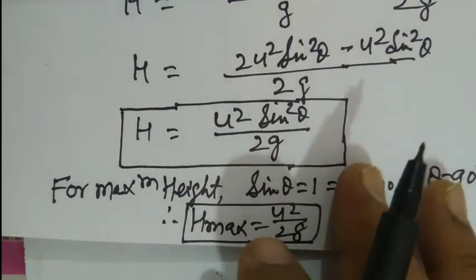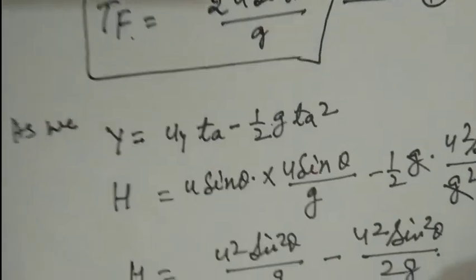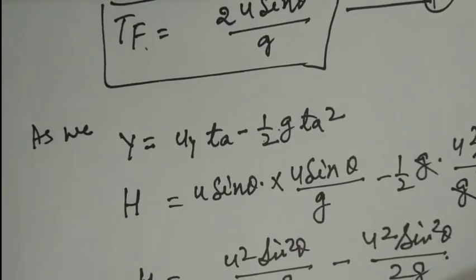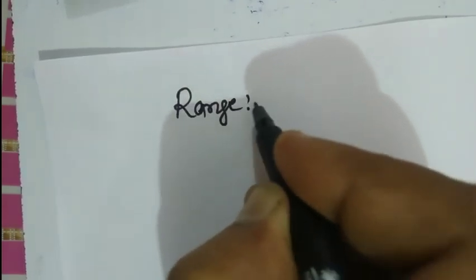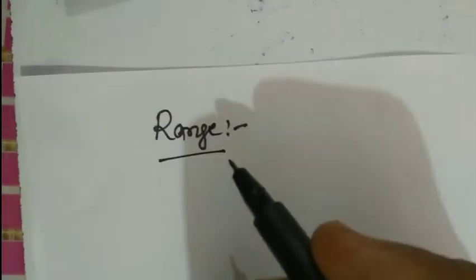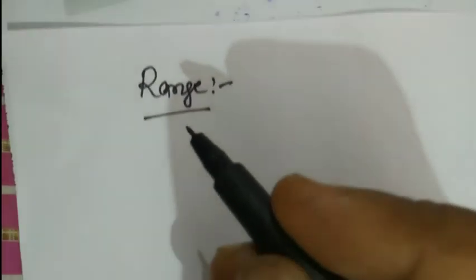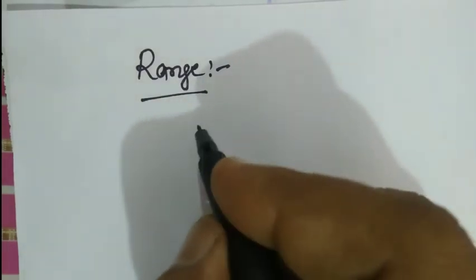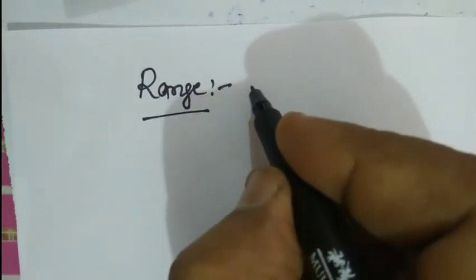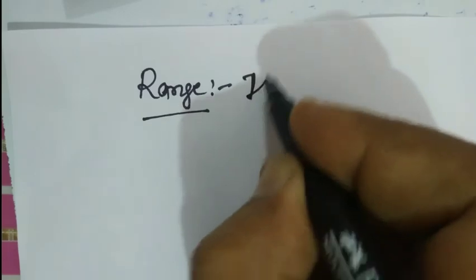Now what will be the range? The maximum horizontal distance covered by the projectile is known as range.